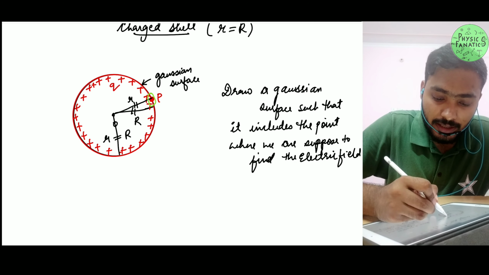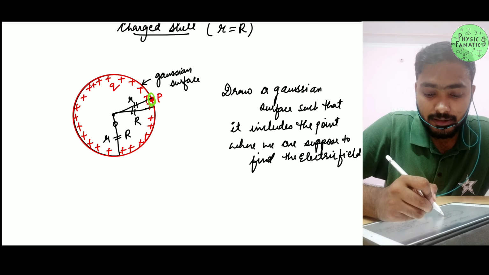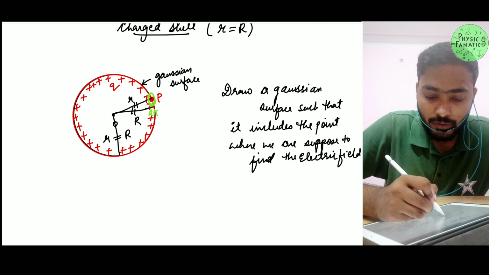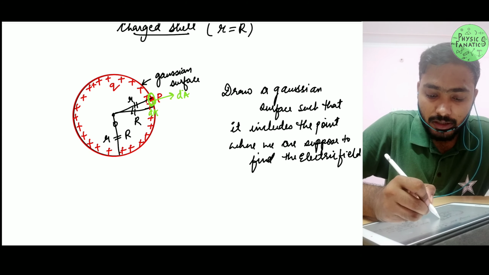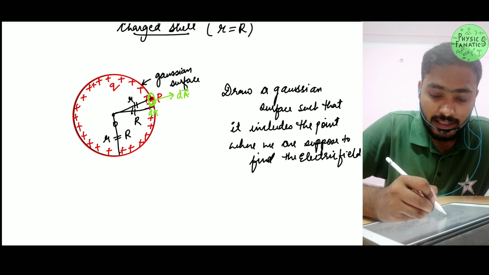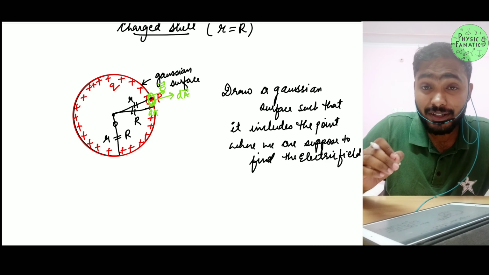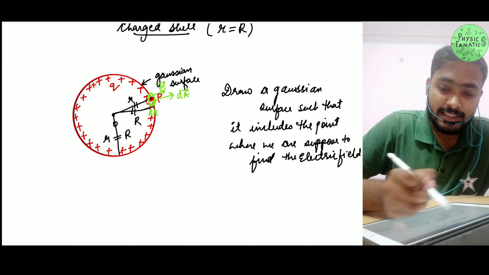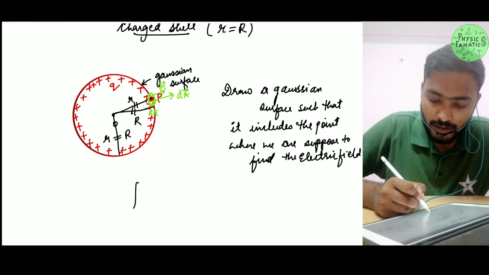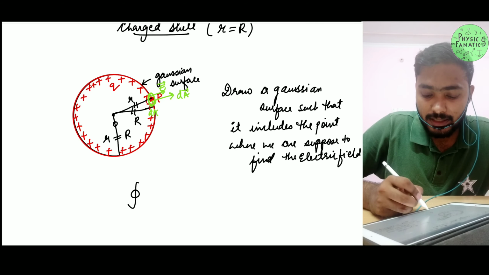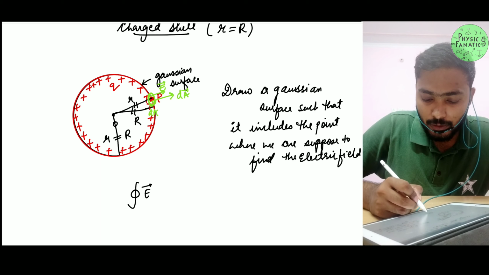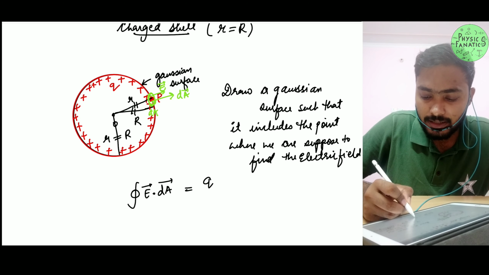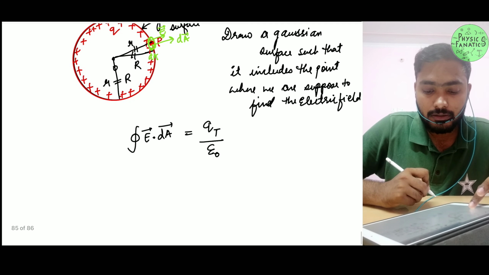You will take a small area dA, and obviously the area vector will be perpendicularly outward, and obviously the electric field also will be going out. Both will make an angle of 0 degrees with each other. So I can nicely apply Gauss law, that is the integration over the closed surface of E dot dA will be equal to the net charge enclosed divided by epsilon naught.